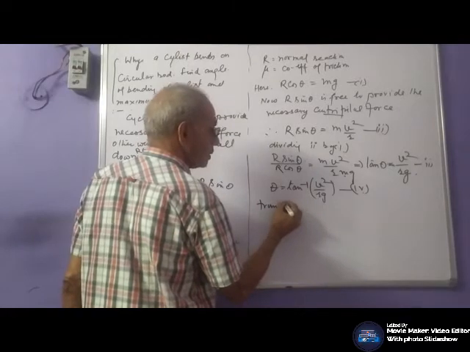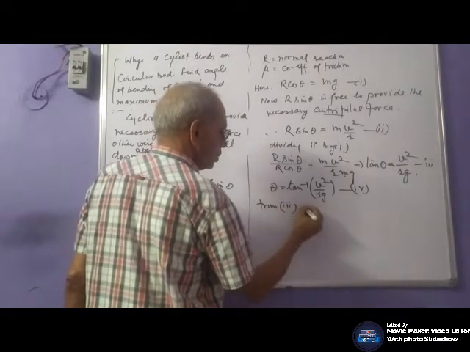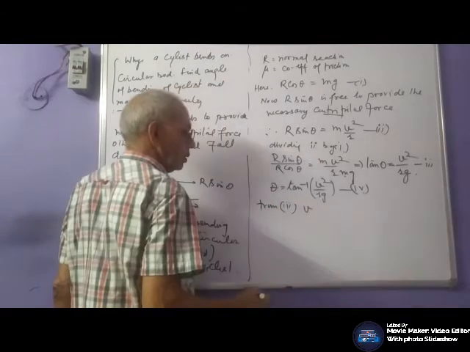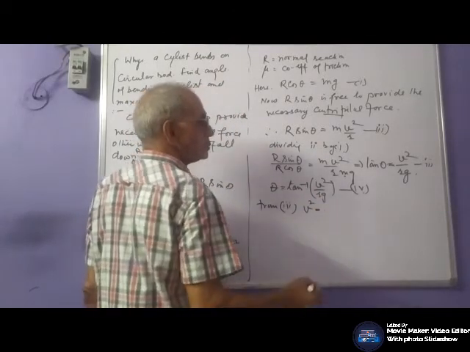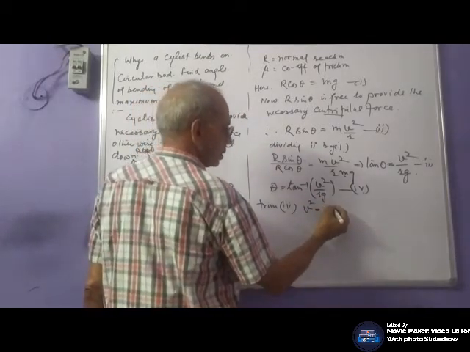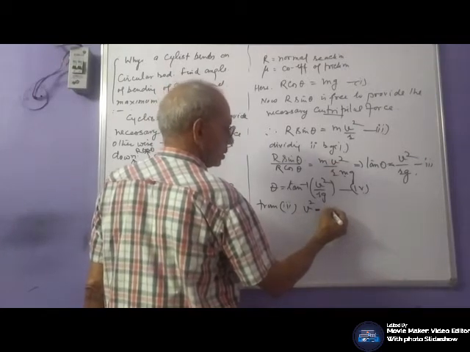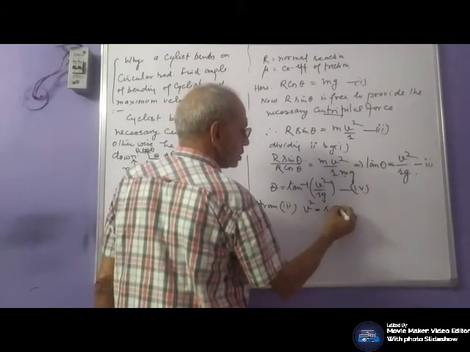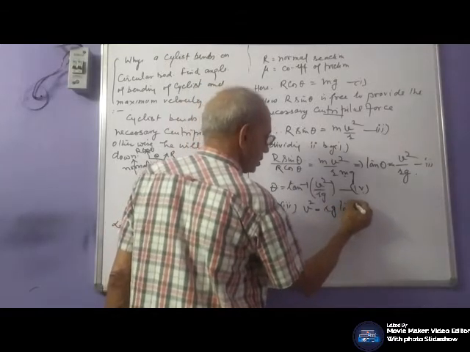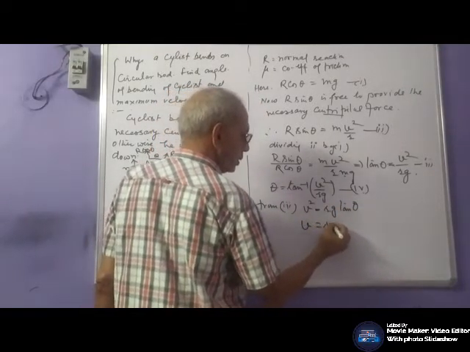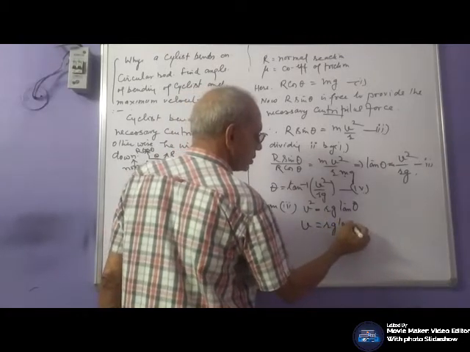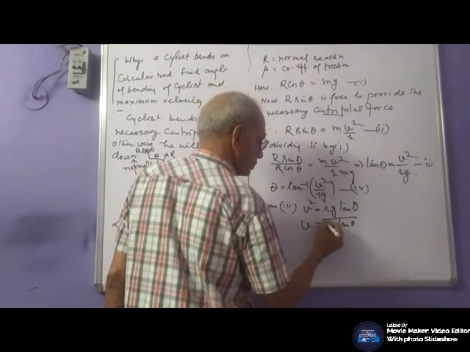From third, v square is rg tan theta, or v is root of rg tan theta.